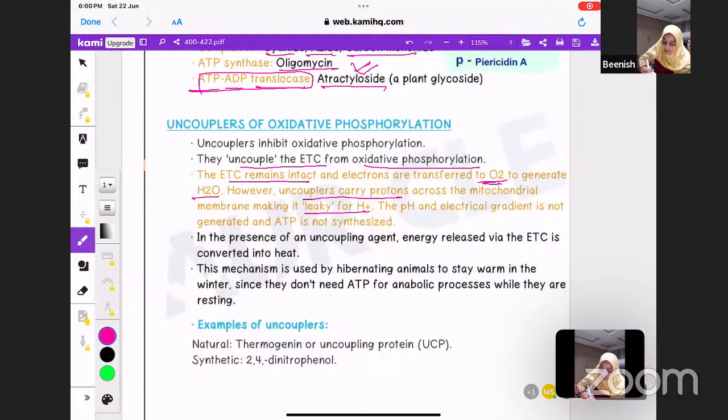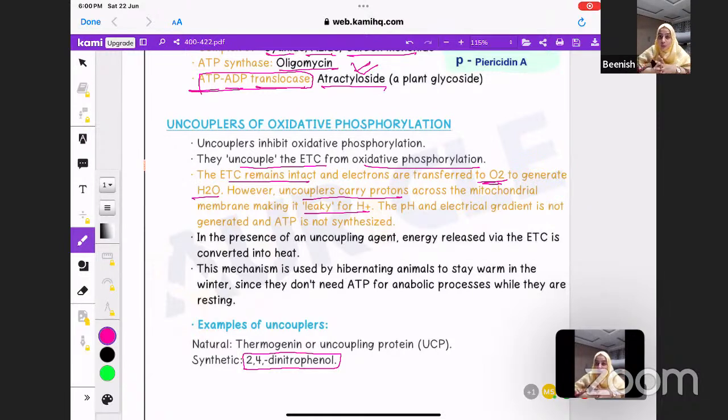Another uncoupler, as given here, is 2,4-dinitrophenol. This nitrophenol, DNP, is a weak acid. It is lipid soluble and can exist both in a neutral state and an ionic state. In the ionic state, it takes up a proton and crosses the inner mitochondrial membrane. Once inside the matrix, it releases the proton.